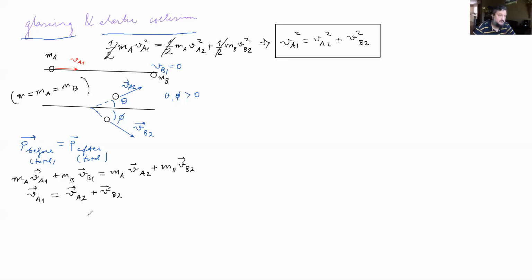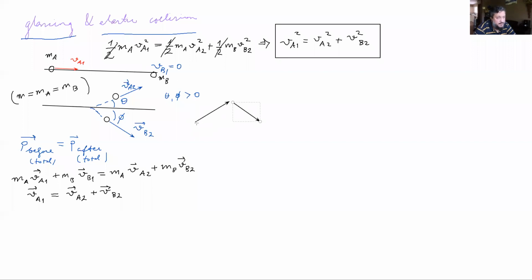Okay, it is a vector equation, and these two vectors, VA2 and VB2, when added, give you VA1. So right there, this was VA2, right? And here VB2.